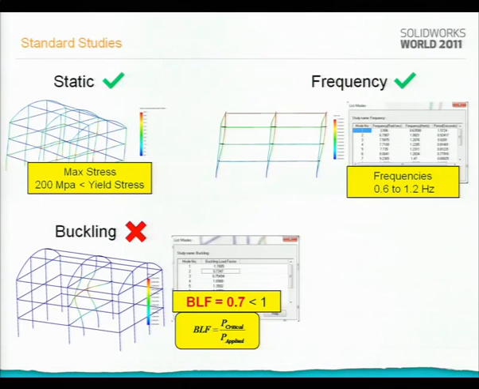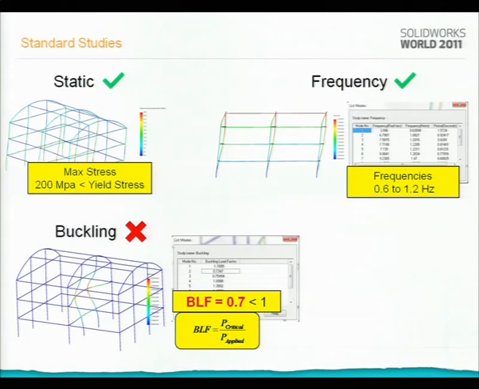Increase section is one option. That's the option that I did. But we have another option. Modify the geometry of the structure. We can add some additional bars in order to restrain the column. And finally, we may change the material, but it's not common to change the material, right?